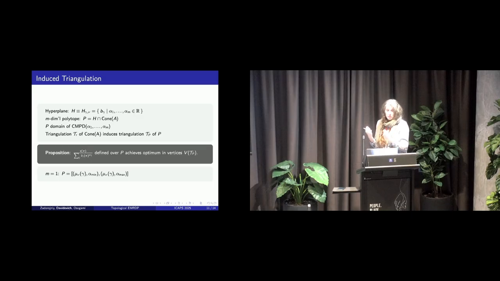The EMRDP objective then can be shown to be a quasi-convex function over each top-dimensional simplex in the P triangulation. And as a result, the objective defined over the convex P achieves optimum on the vertices of that triangulation.